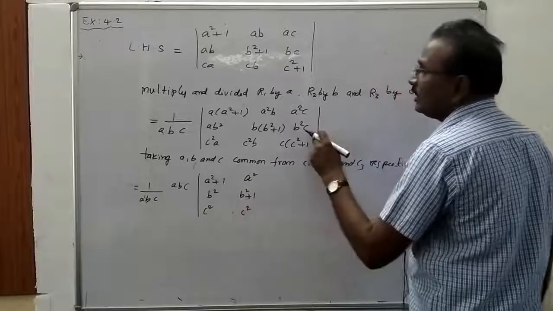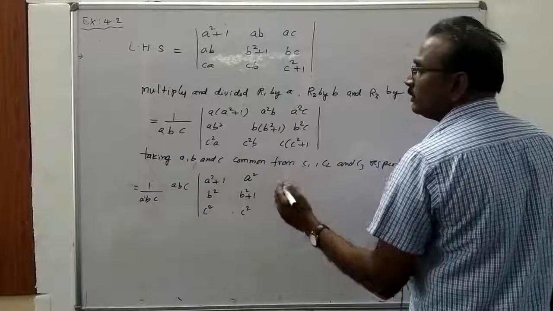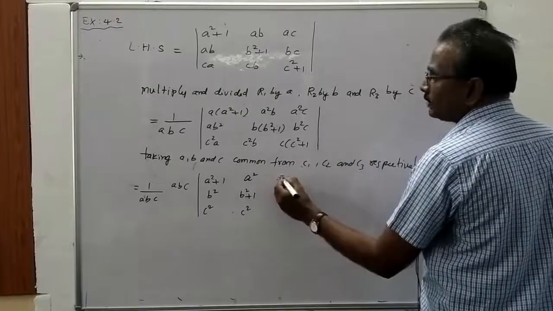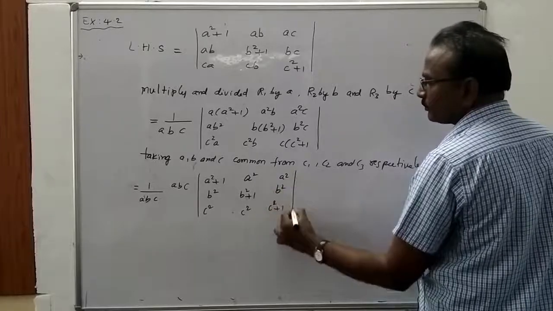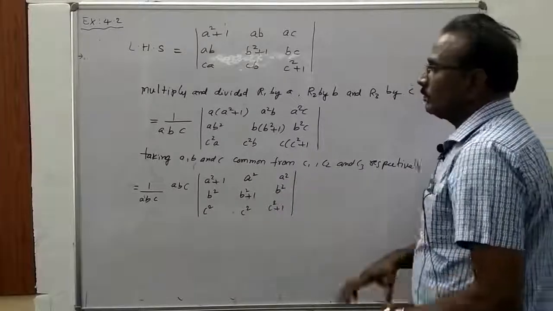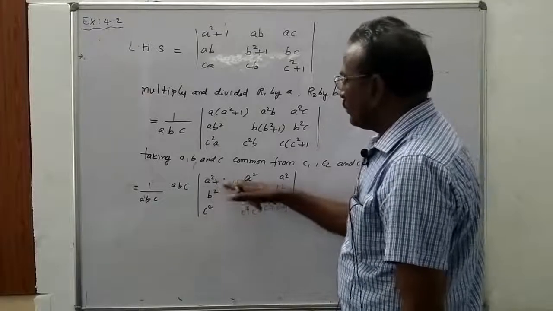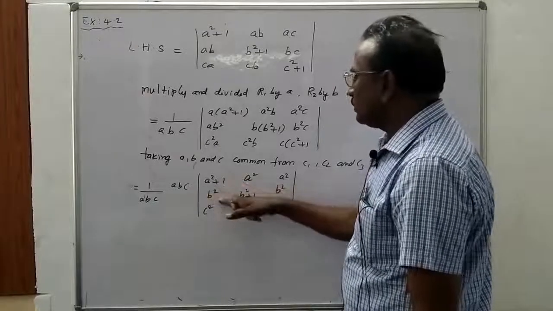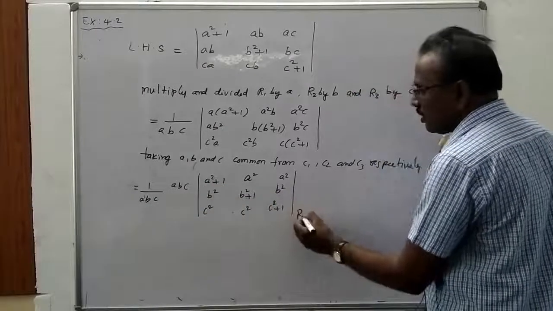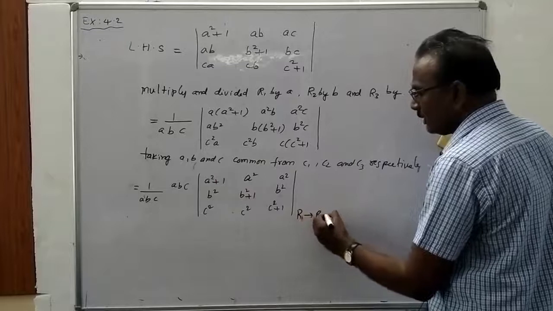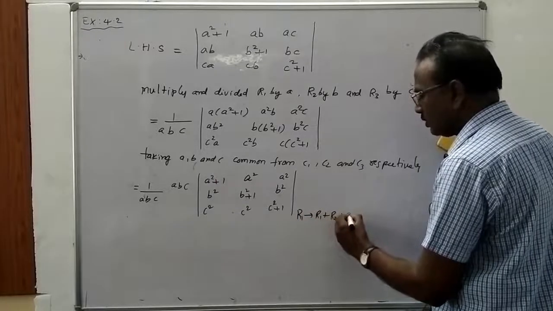If you take c common from column 3, column 3 becomes a square, b square, c square plus 1. Now adding the first column elements, r1 changes to r1 plus r2 plus r3.